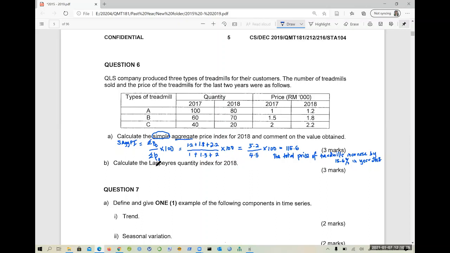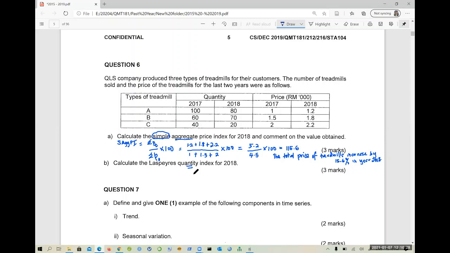The second one asks you to find the Laspeyres quantity index. If you are calculating a quantity index, then for the Laspeyres quantity index the price will be the weight, and in this situation we take the price of the base period.